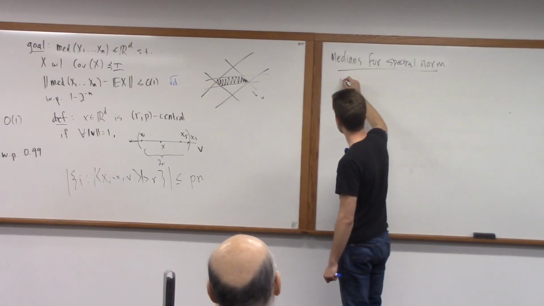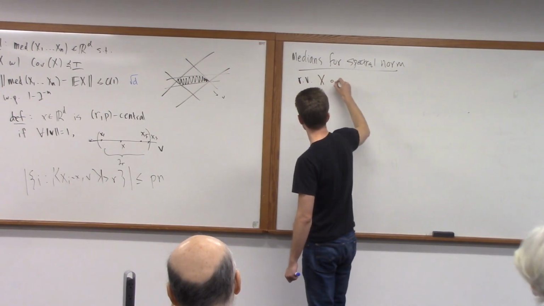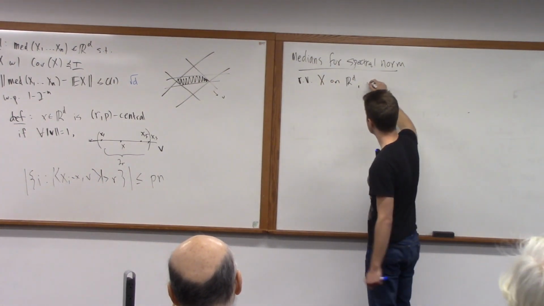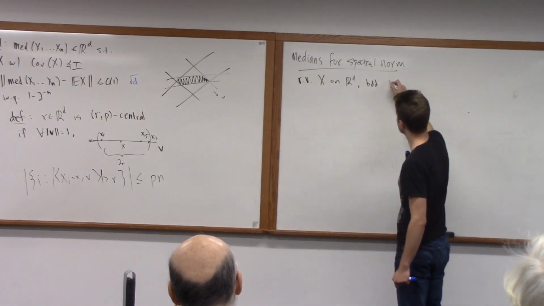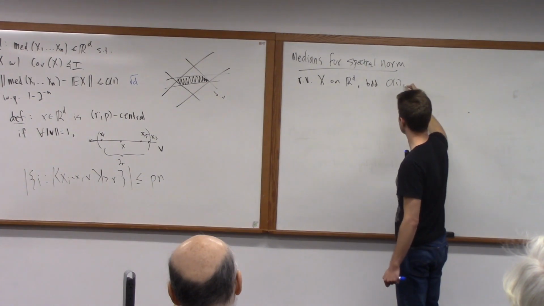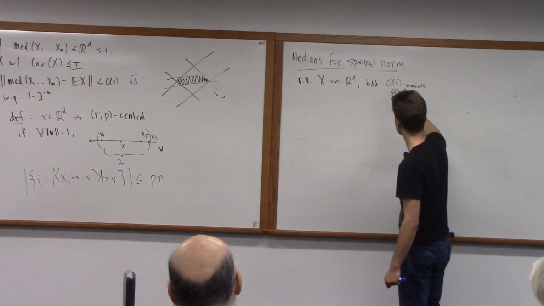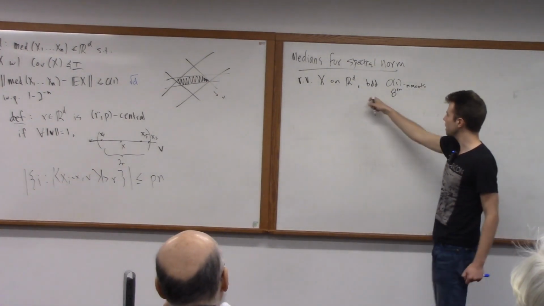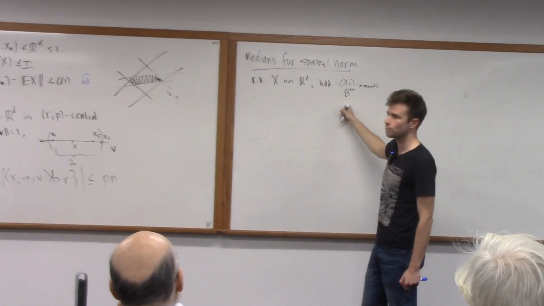So imagine that you have some random vector x on R^d. And it has, let's say, bounded constant order moments. Maybe its 8th moments are bounded, for example. Point being, its 9th moments might be infinite. It could still be pretty nasty.